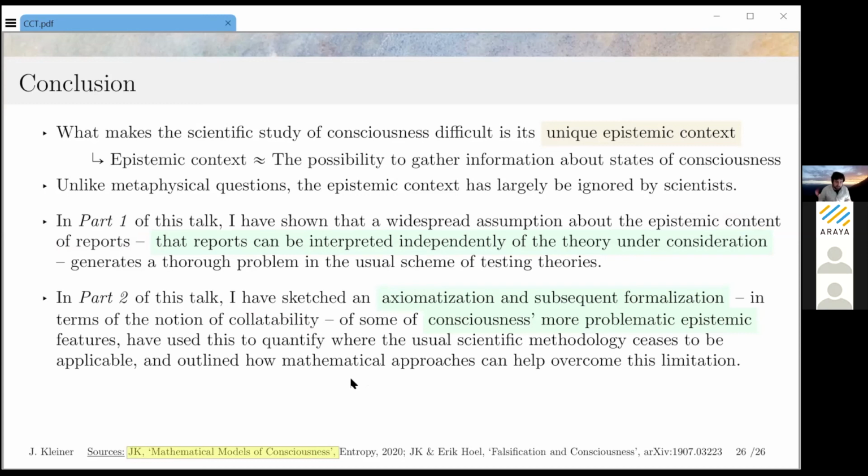I used this to show that there's a boundary we will run into, or have already run into, depending on what a study does, when it comes to studying consciousness. And I outlined how mathematical approaches can help overcome this limitation. The mathematical approaches in this case would just be a slight modification of the methodology we already use.